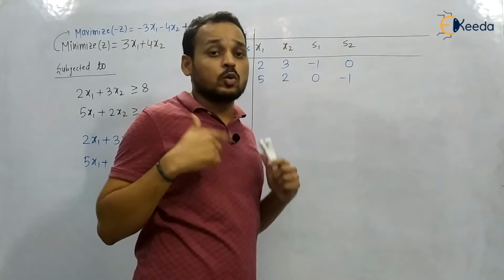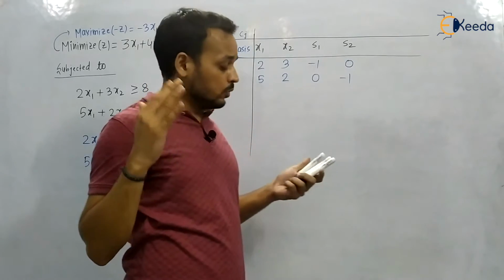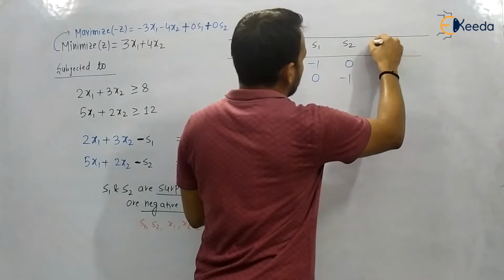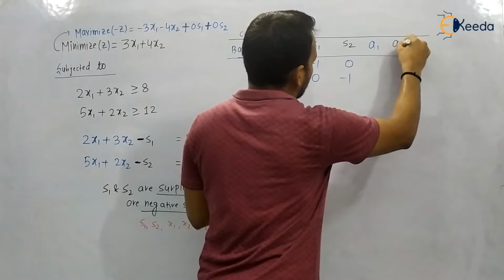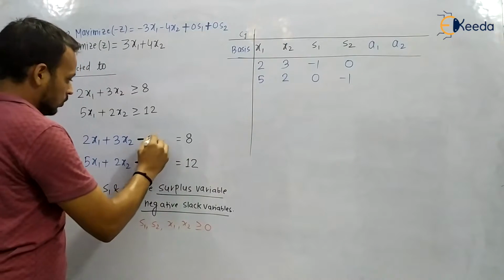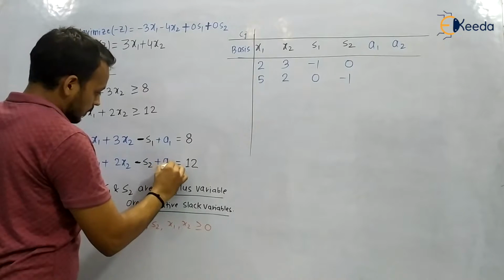It means we have to assume new basic variables. So what we are going to do, we are going to assume new basic variables a1 and a2. So add here plus a1 and plus a2.